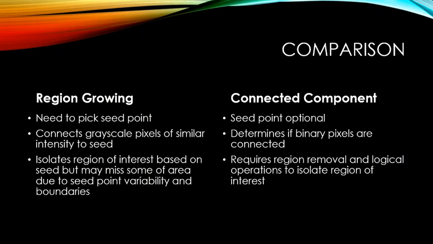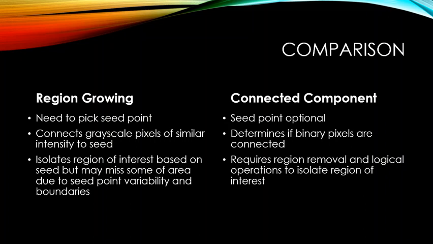Whereas in connected component labeling, we don't need a seed point, but in certain applications a seed point is helpful. Region growing connects grayscale pixels of similar intensity to the seed, and connected component labeling determines if binary pixels are connected. So that's the fundamental difference between the two.